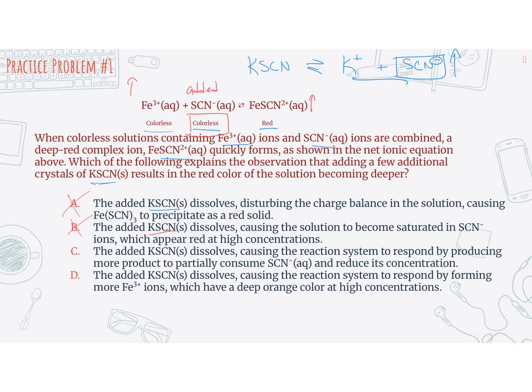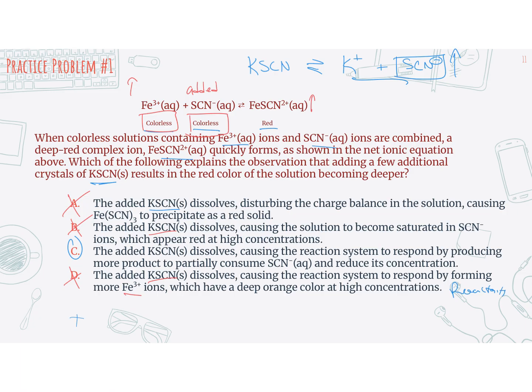And so C seems to make a lot of sense, but let's also read D. It says adding KSCN dissolves, causing the reaction system to respond by forming more Fe3 plus ions, which have a deep orange color at high concentrations. Based on what we know here, right, we know that Fe3 plus ions are colorless, and so this one also can't be true. But again, this would suggest that we're going towards reactants, which is not true.